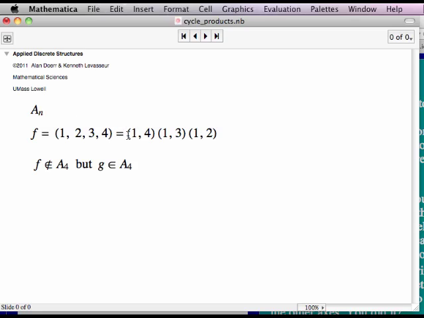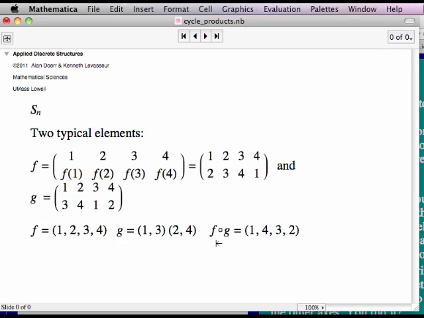So we classify a permutation as odd if it can be written as a product of an odd number of transpositions, and even if it can be written as a product of an even number of transpositions. In this case, f, being odd, is not in An. Whereas g, recall g is this permutation.